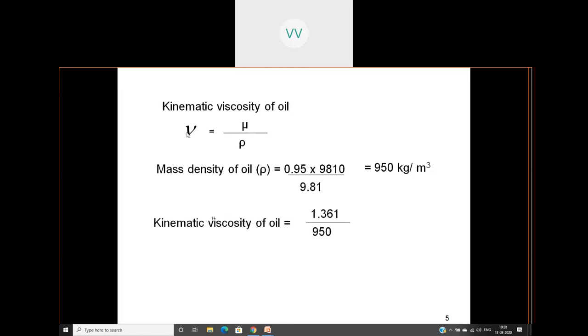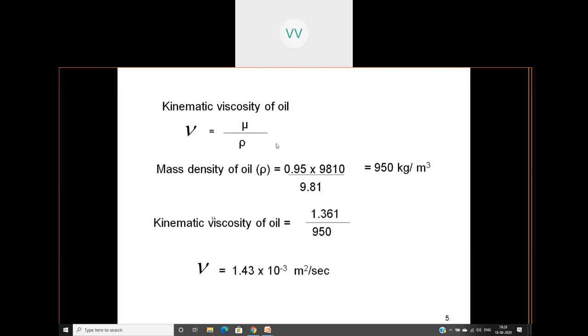Now substitute in this equation for kinematic viscosity. So just now we have calculated the dynamic viscosity, which is 1.361, divided by the mass density of the oil, 950. You get a value of 1.43 into 10 to the power of minus 3 meter square per second.